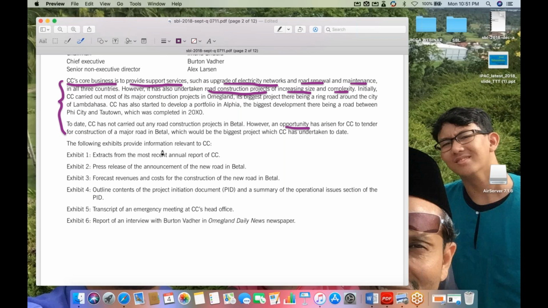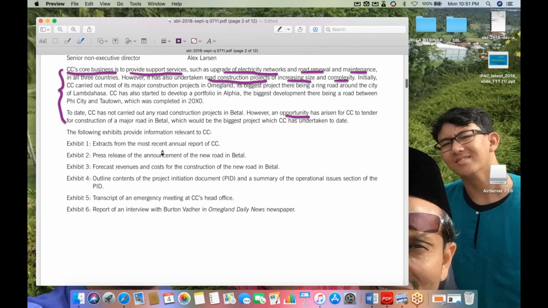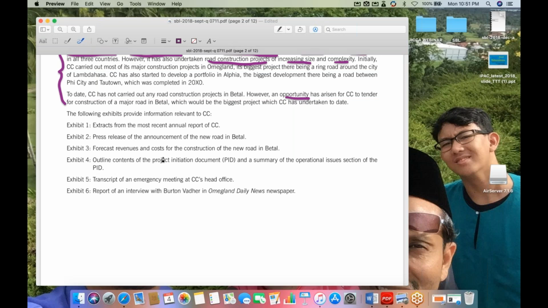you'll have Exhibit 1, extracts from the most recent annual report of CC. When it comes to an annual report, most likely you have to do some analysis. And then a press release of the announcement of the new road in Beetle. Remember, CC actually did tender for a contract for that particular project.